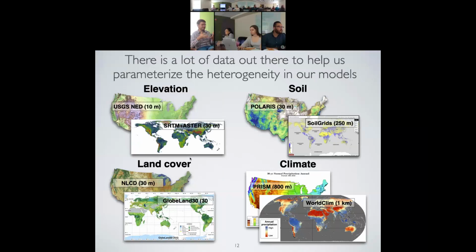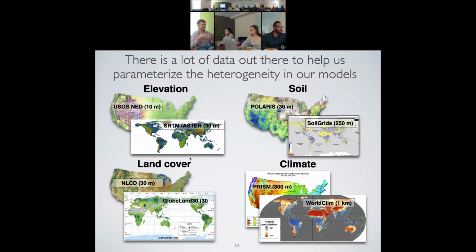The background from my perspective is, as we think about this subgrid problem, we also need to acknowledge, for the purpose of developing our system models, that we have a lot of data on what the heterogeneity actually looks like over the globe, with varying degrees of accuracy. This is the parameter problem. In terms of elevation data, we've got relatively good 30-meter data over the globe.